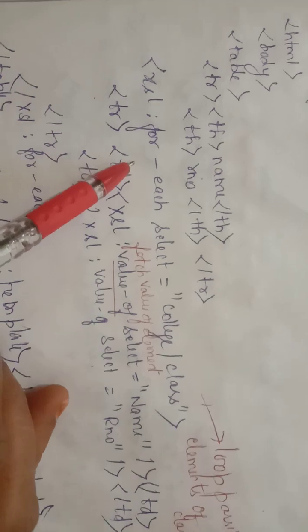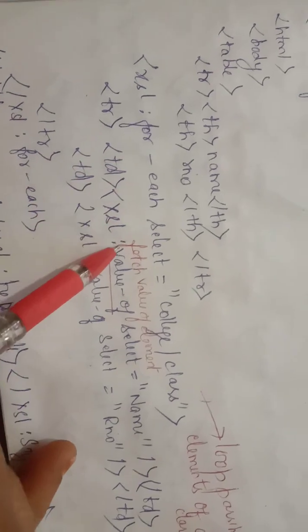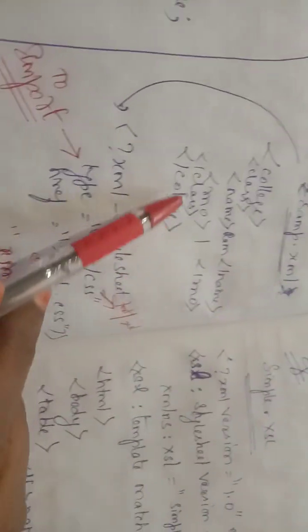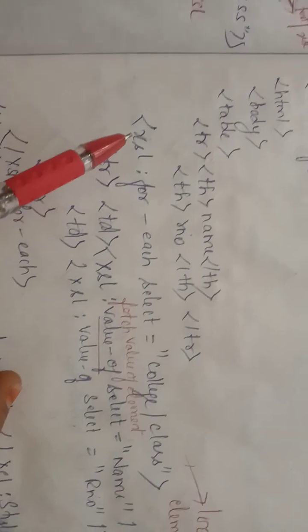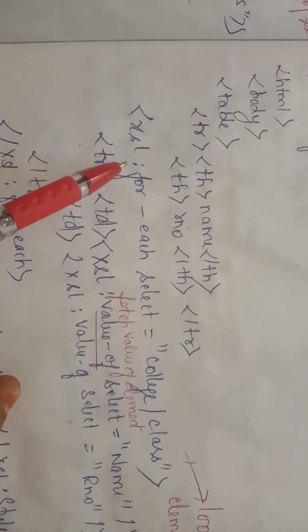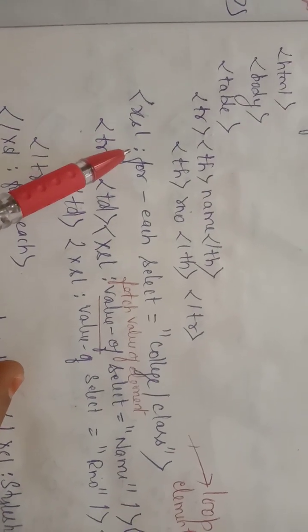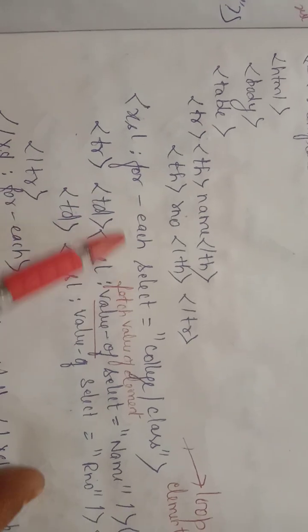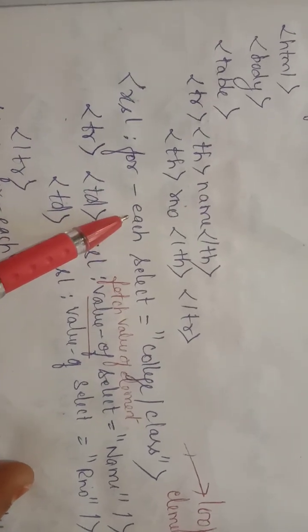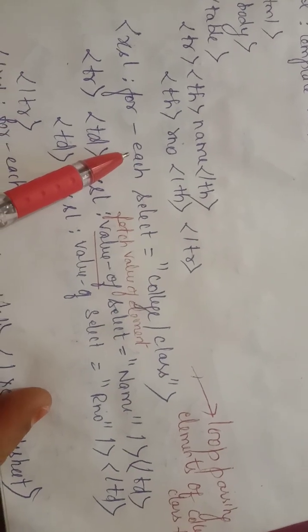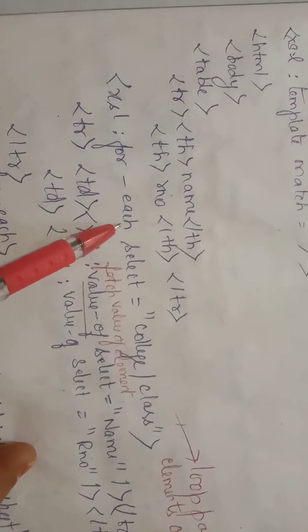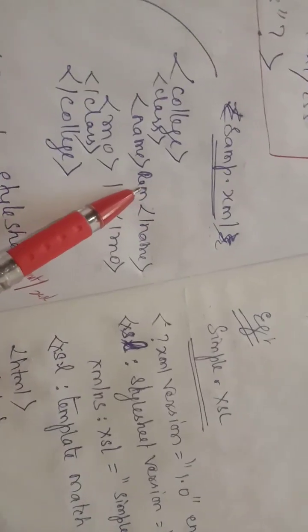Now for that you are going to fetch the data from this sample.xml file. So how should you write the code for that? You have to write xsl, prefix xsl colon, then for-each represents the looping statement. It parses the elements from where it is going to parse, that is from here.